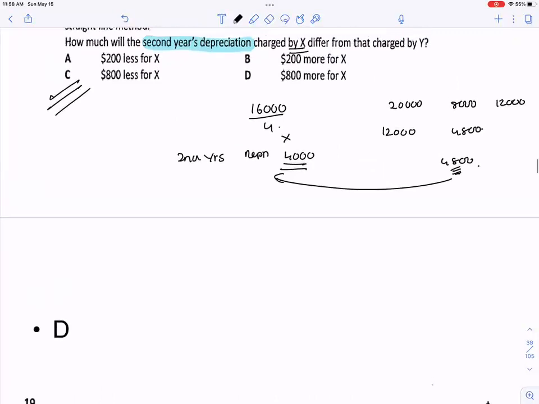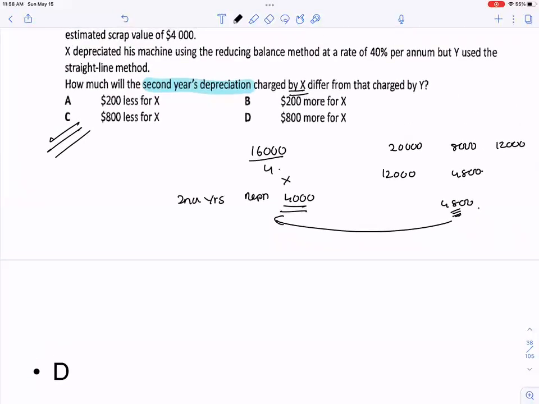Yes. 1 minute. How much will the second year's depreciation charged by X differ from that charged by Y? X has charged 800 less.